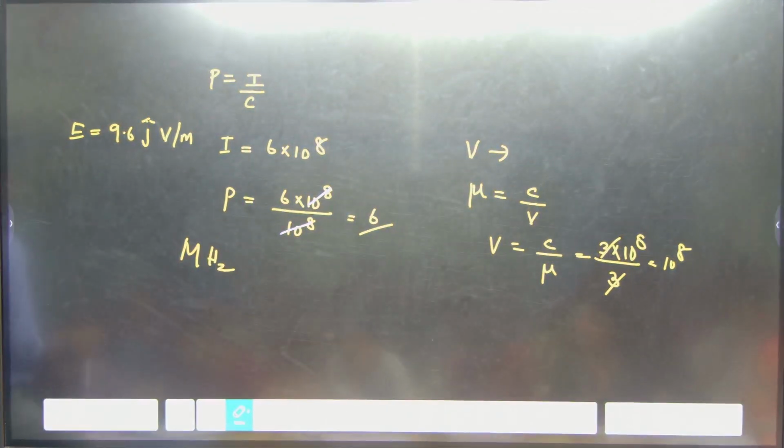In terms of vacuum, C is equal to E by B. So from this, B is equal to E by C. So 9.6 divided by 3 into 10 power 8.